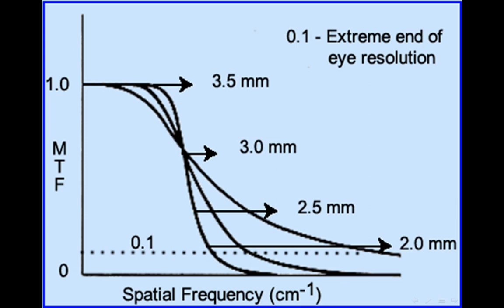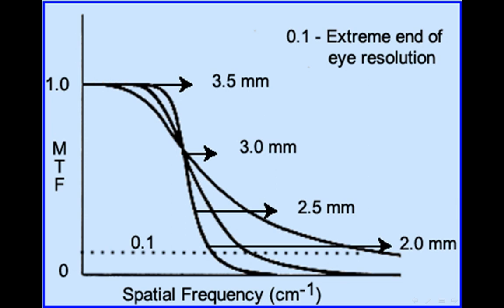So here at 3.5 millimeter gap, this number represents the gap between line pairs. Here the gap is very large, 3.5. You will find the MTF is equal to 1. Here the gap is reduced. You will find the MTF is decreased. Here 2.5 millimeters, the gap is reduced more and more, so the number of line pairs will be increased.